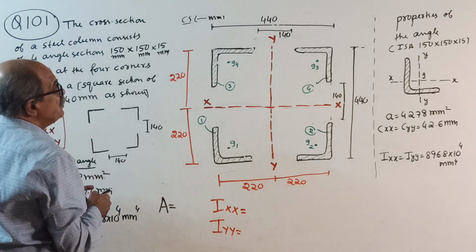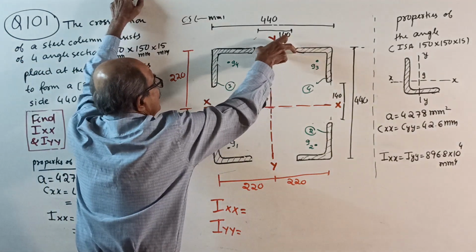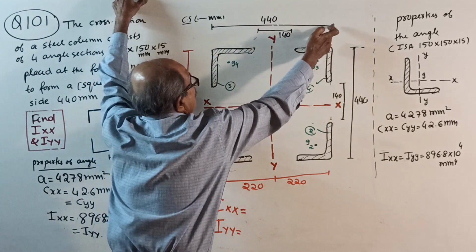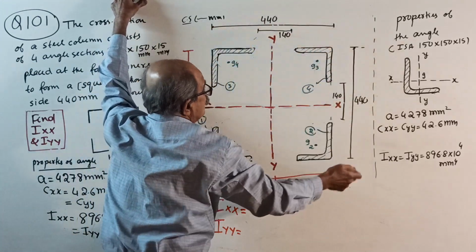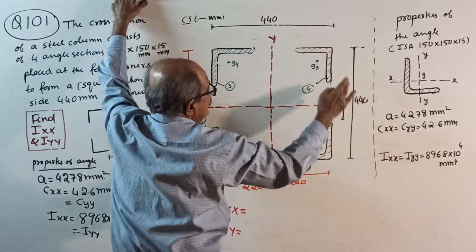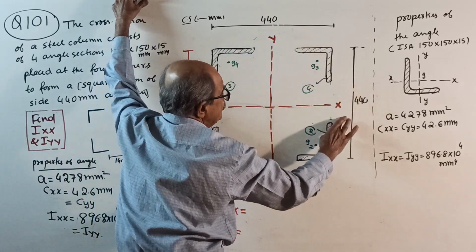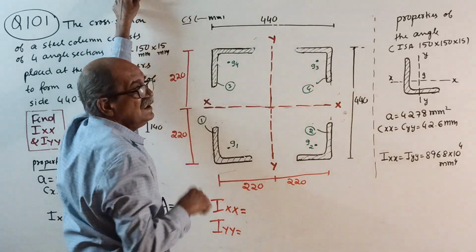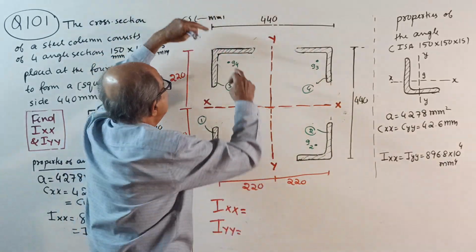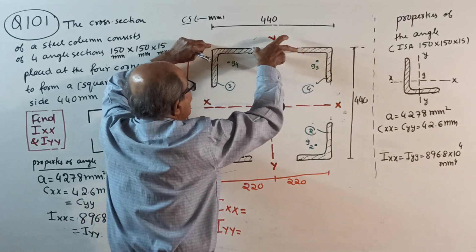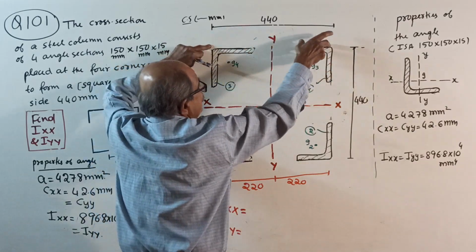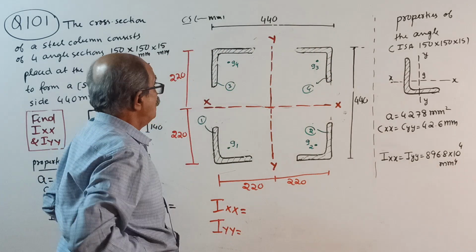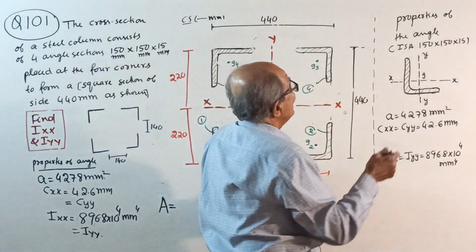In that case, what do you do? 140 here, 150, 150, total 440, get that one. So, if they give the overall dimensions, you directly mark. If they give the spacing between them, then the total side equals the gap given plus this side. That you write here.